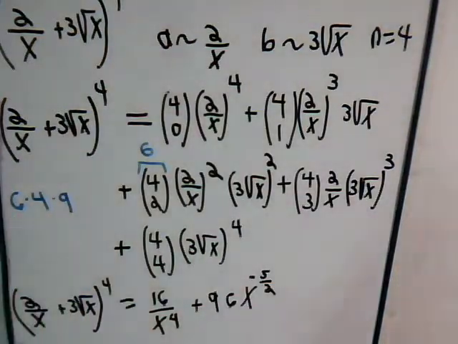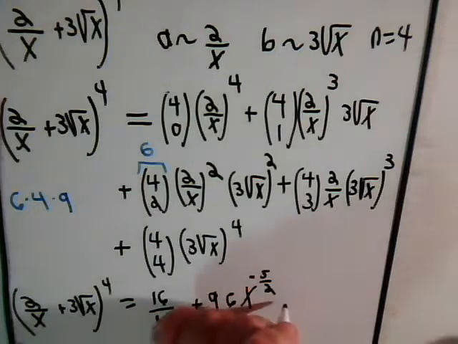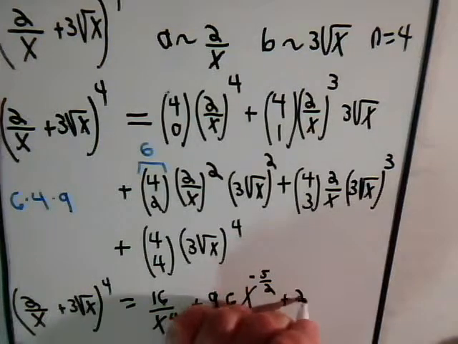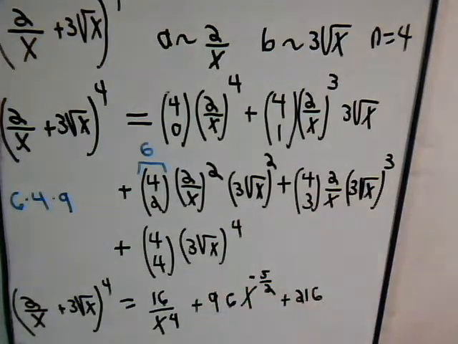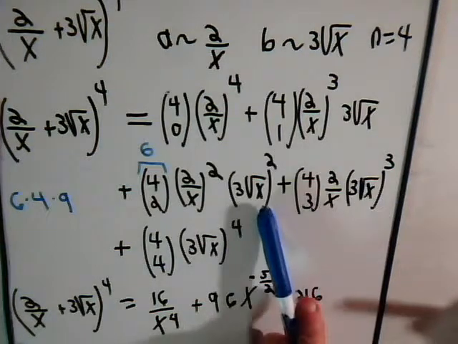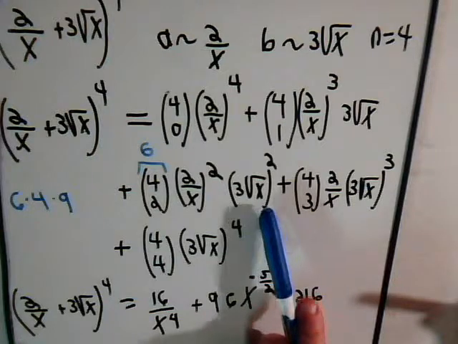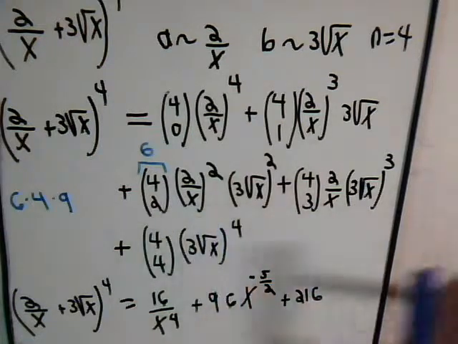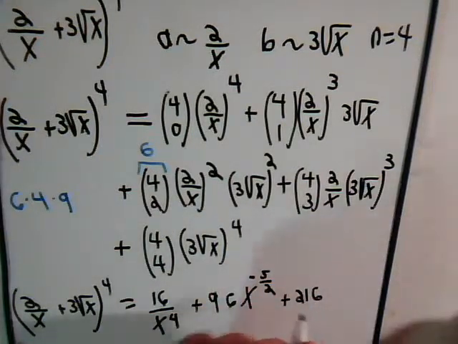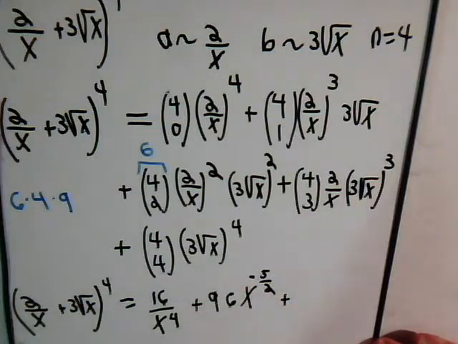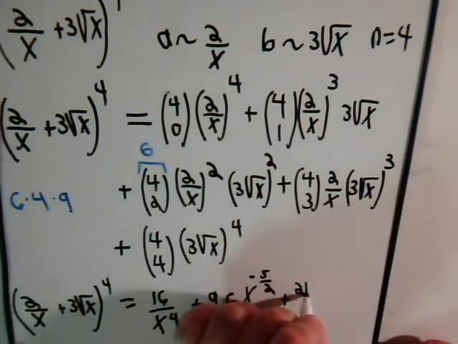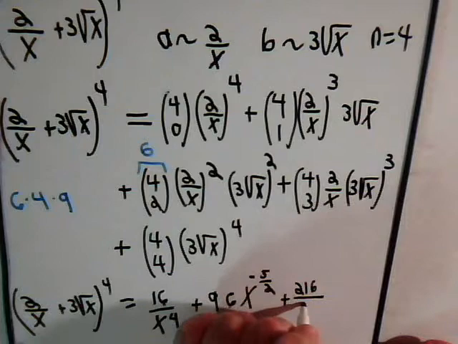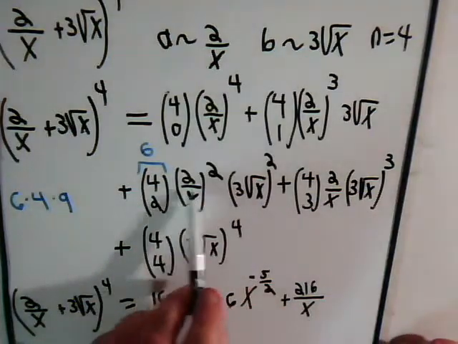So you have 24 times 9. I think that's 216. And what else do we have? Here we have the square root of x squared, that's x. X divided by x squared, that's going to be 1 over x. So we have 216 divided by x. That's this term.